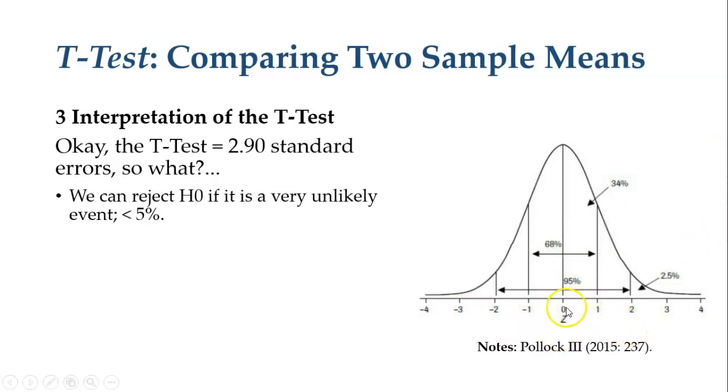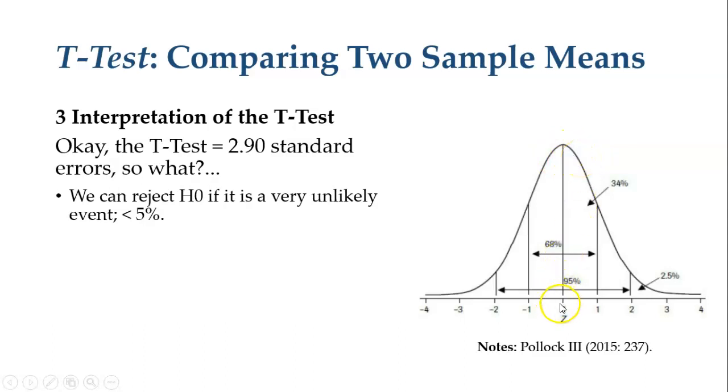When the z-value equals 0, that means that we are at the mean of that distribution. The peak of that distribution means that this is the most expected event to occur, okay? For that reason, most of the data is here because it's the most likely event to occur.